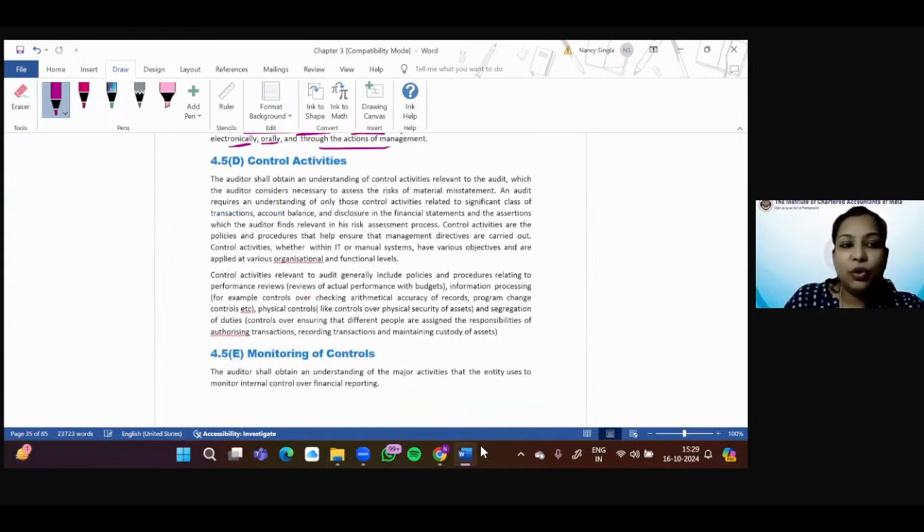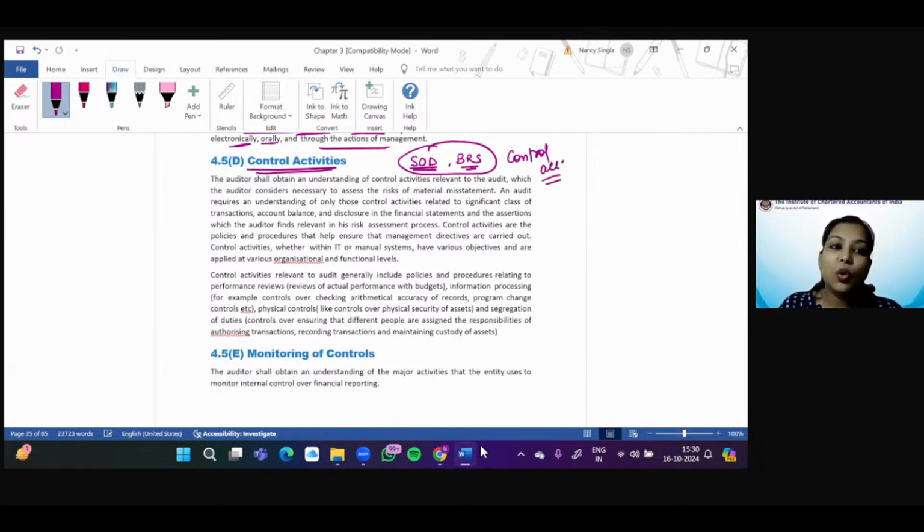Now the next, the fourth one, is what? Control activities. Students, if you remember, I always give you the example that segregation of duty is one of the internal controls. Preparation of a bank reconciliation statement is one of the internal controls. So basically, these are the control activities.